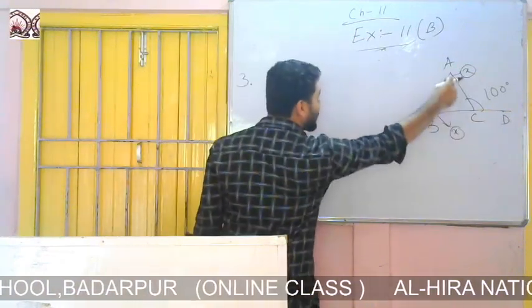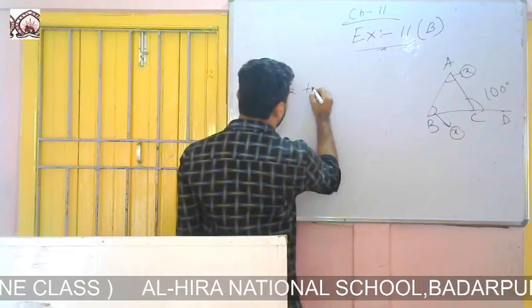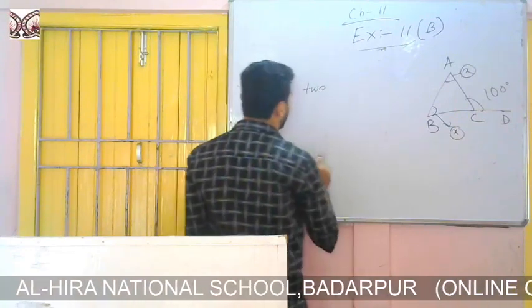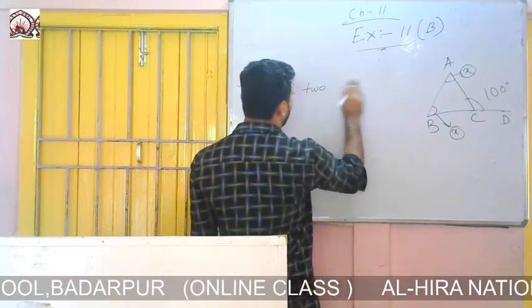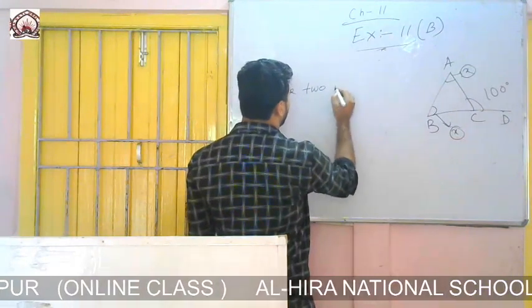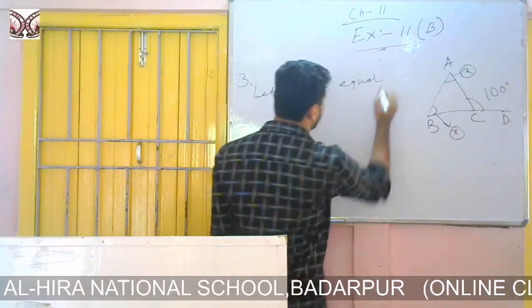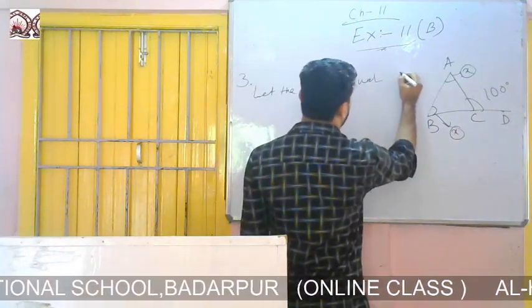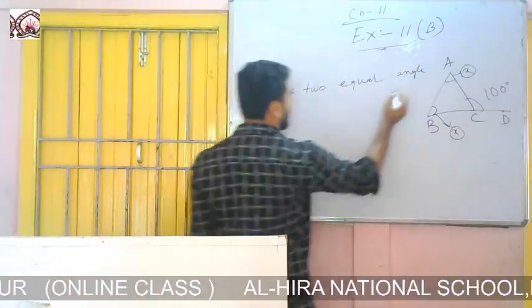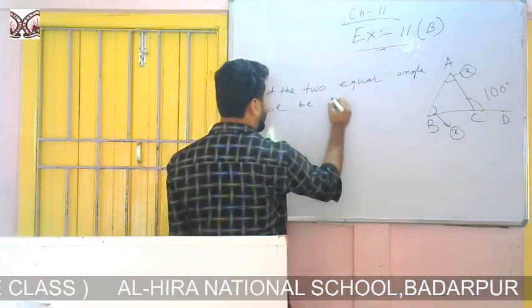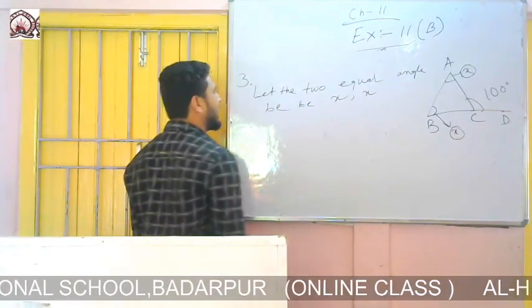We don't know the two equal angles, so we will let the two interior equal angles be x, x, because we don't know, we let it x.